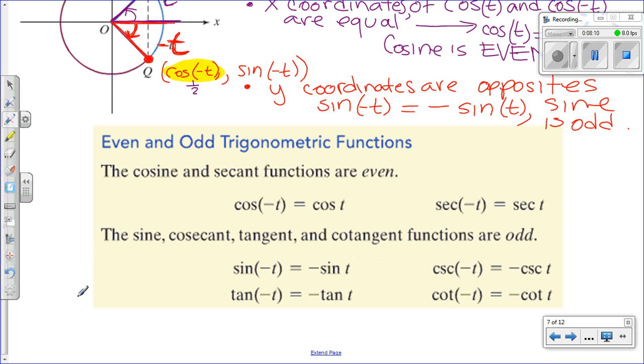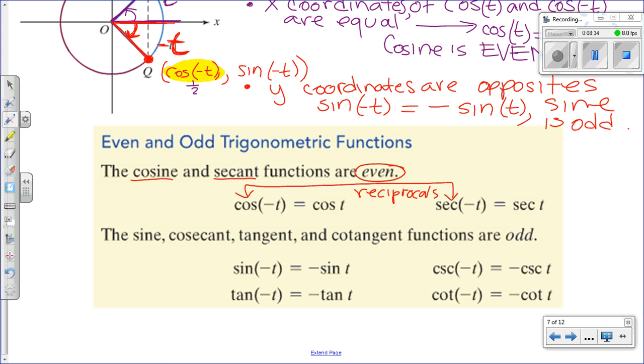Remember how we talked about cosine and secant being reciprocals, right? So since cosine is even, also secant will be even. All right? Cosine and secant.